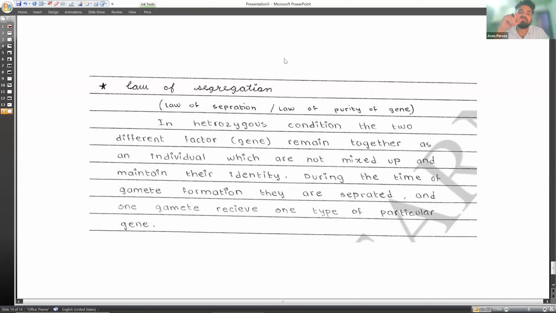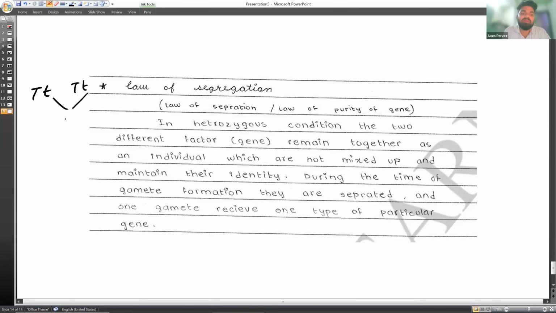Moreover, in the F2 generation, we had three tall plants and one dwarf plant. The one dwarf plant indicates that the genes are not intermixed and they maintain their identity. Otherwise, if small t had forgotten, living with capital T, it might have lost its identity.